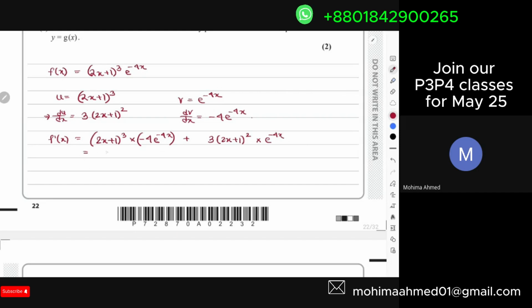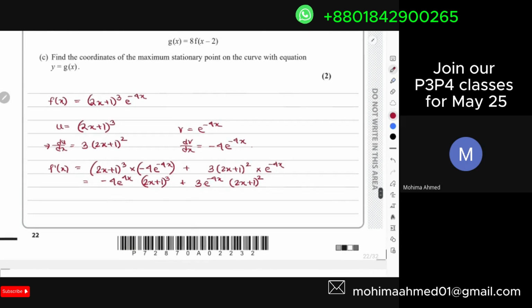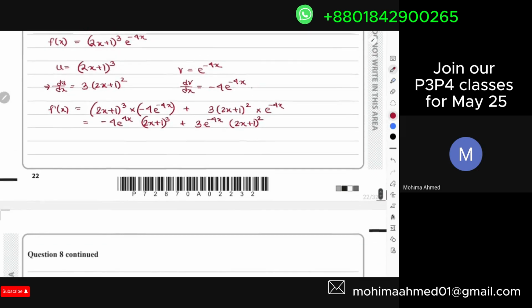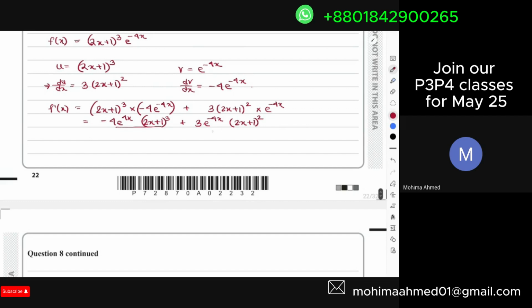If I simplify this, we basically have minus 4 e power minus 4x with (2x plus 1) power 3, and this one is going to be 3 e power minus 4x, and then your (2x plus 1) power 2. Right, so from there I can understand that e power minus 4x (2x plus 1) square is actually common in both parts.